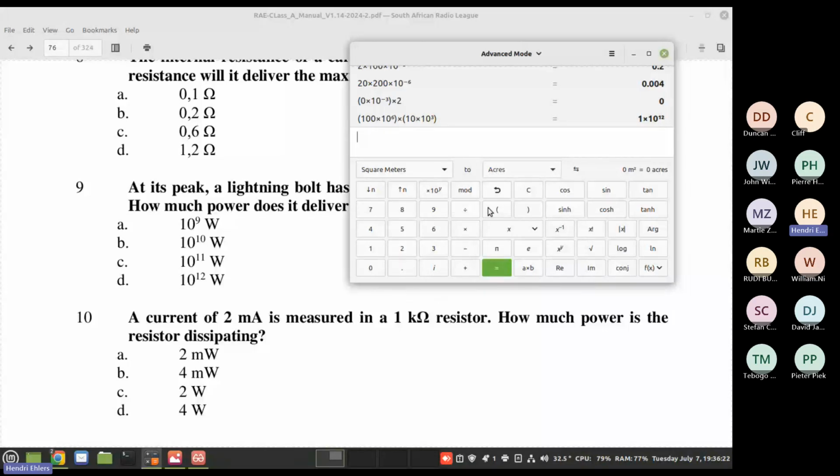So it's going to be bracket open 2, 10 to the minus 3, squared, times R. Yeah, that's right.